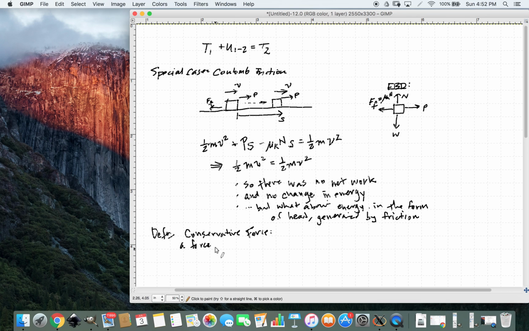which does an amount of work in going from point 1 to point 2, or in going between points, that is independent of path.